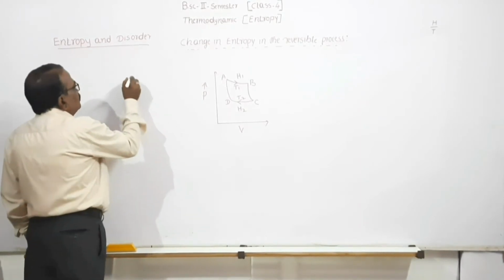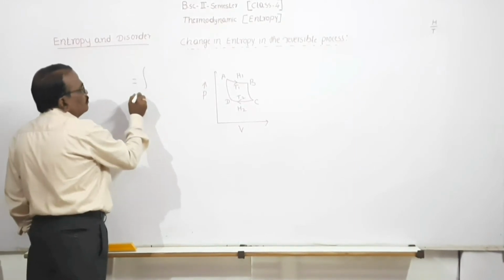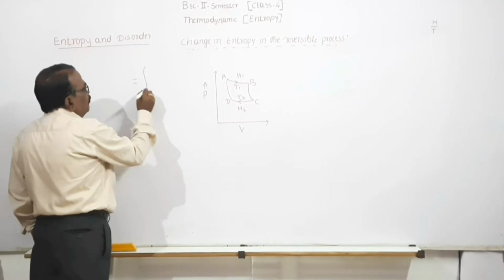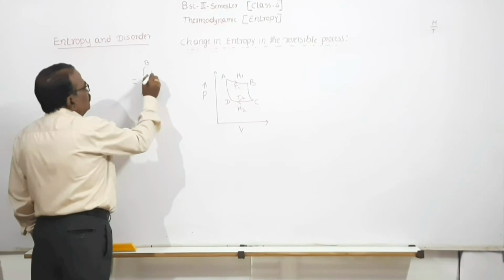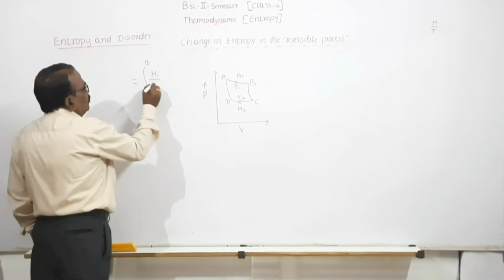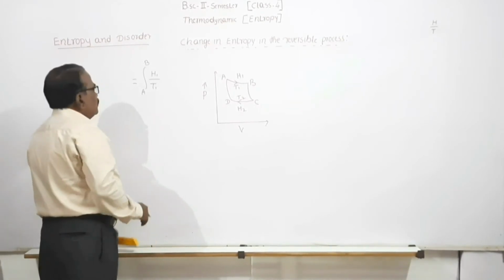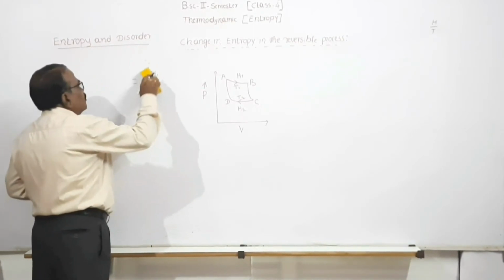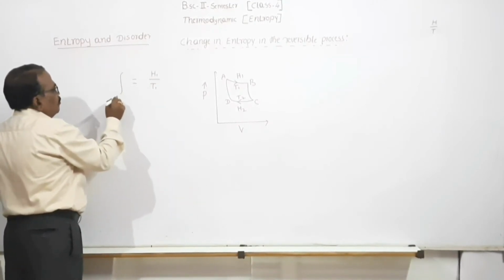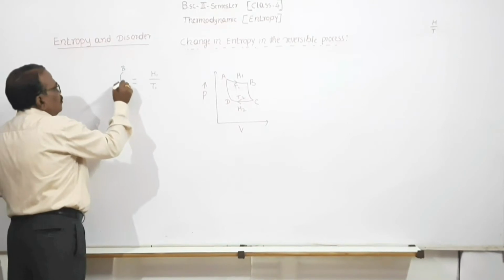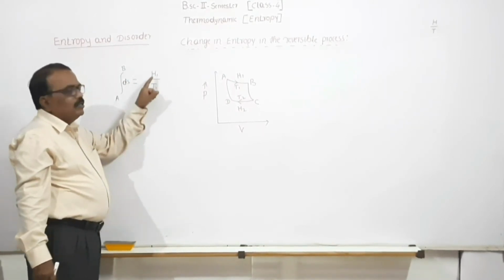This increase in the entropy is given by integration from A to B, it is H1 upon T1. Or you can write integration from A to B dS is H1 upon T1.